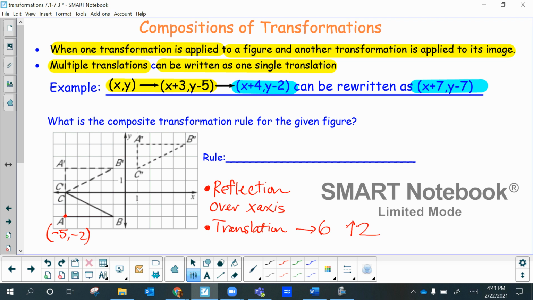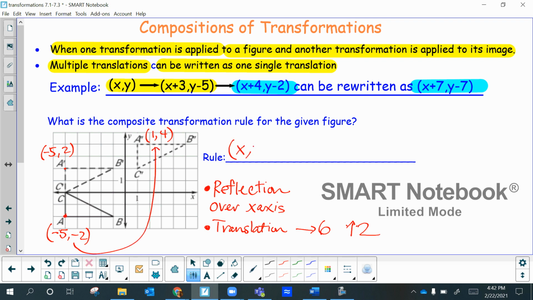Then A prime is at -5, comma, +2, just like we learned on our rules, you just change the sign on the y. Then you look at your final outcome, which A double prime is at 1, comma, 4. So we want to write a rule on how we get from this number to that one there.